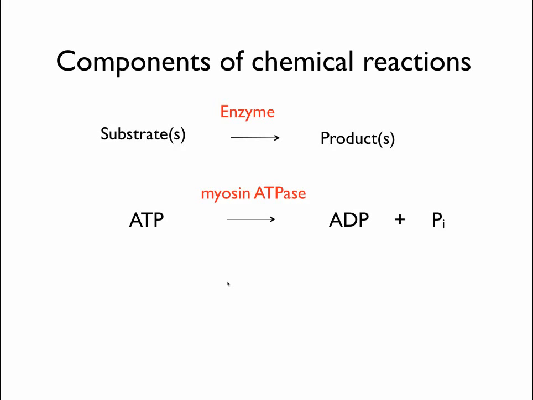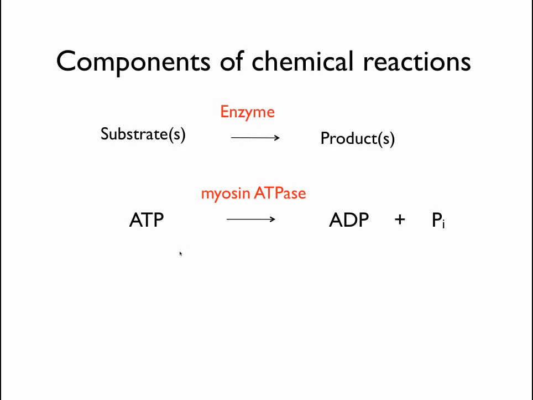So if we look back at naming, what we have is a substrate that can become product. And this is sped up in the presence of an enzyme, which will reduce activation energy.